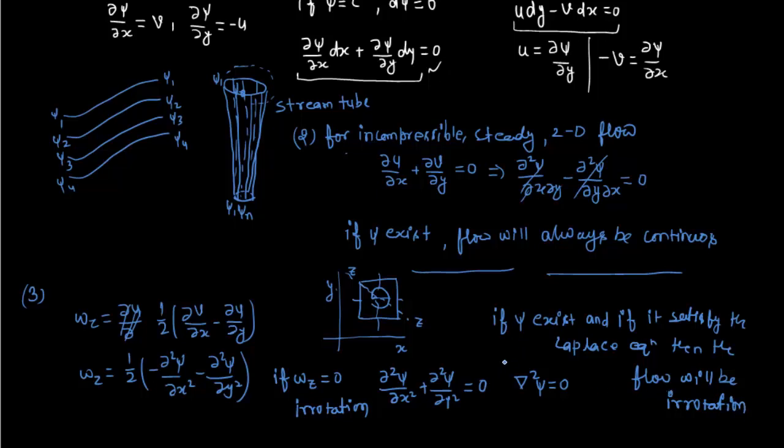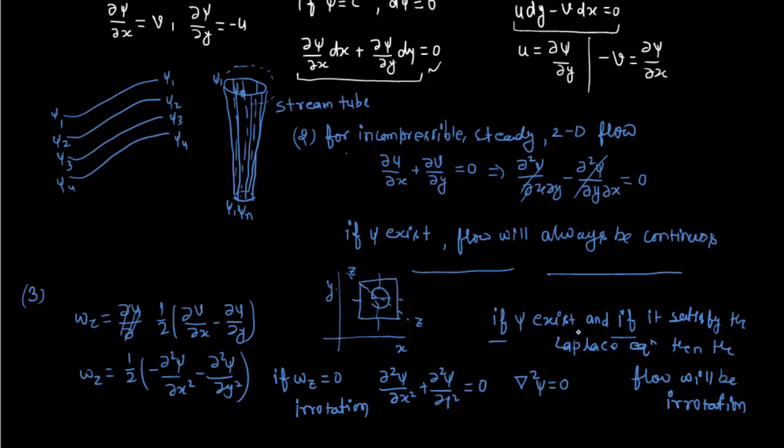I'm using two conditions here. If psi exists and if it satisfies the equation, because if it is not satisfying the equation and this term is not equal to 0, in that case the flow is not irrotational flow. So there are two conditions here. If psi exists and it satisfies the Laplace equation, then the flow will be irrotational.